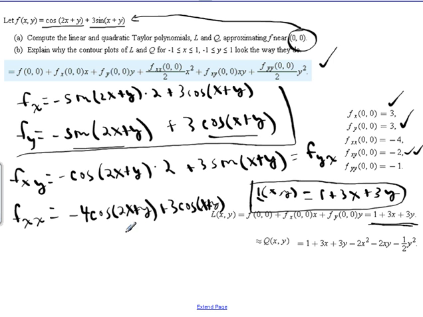And if we plug 0, 0, 0, 0 into this, we're going to get negative 4. And f partial y is negative cosine 2x plus y, minus, sorry, and this should have been minus sine.